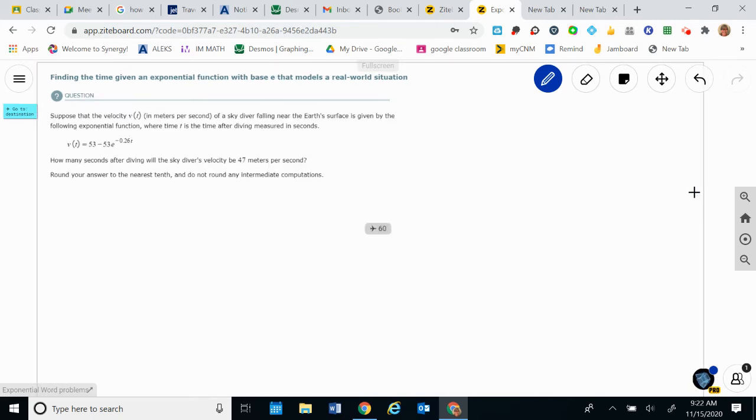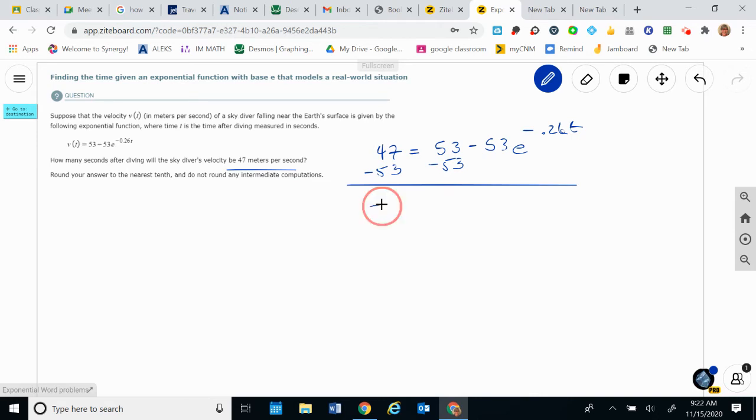Moving on. All right, here's another one. It's basically the exact same kind of problem. So again, all we're doing is plugging in things. Here it says that we want it to be 47. So 47 equals 53 minus 53e to the negative 0.26t. Again, you're just going to subtract. You're going to get negative 6, since 47 to 53 is 6. See if you guys can start to get the rhythm of this.